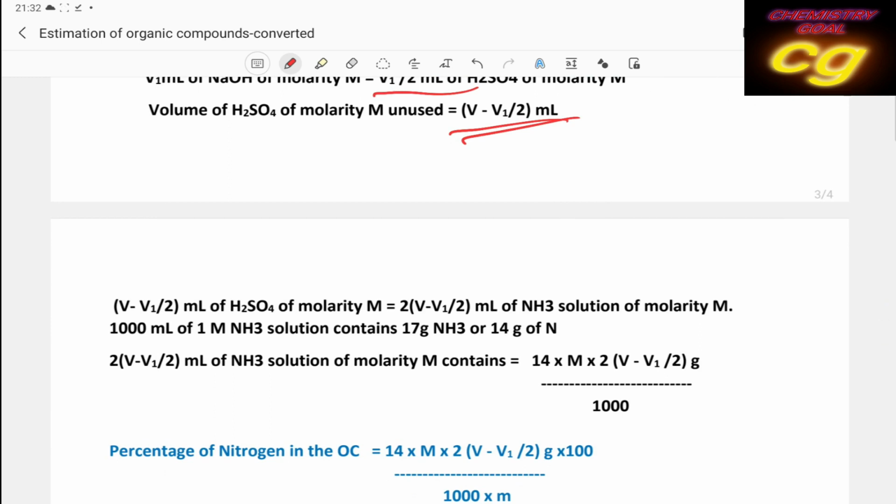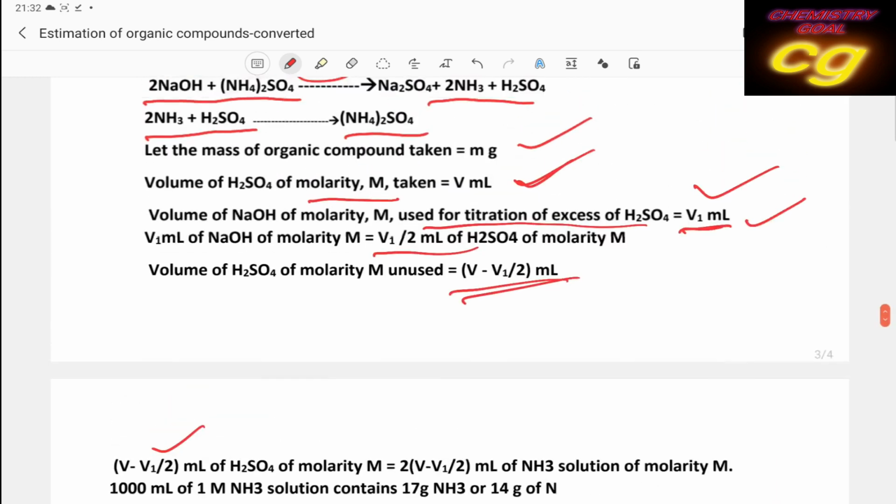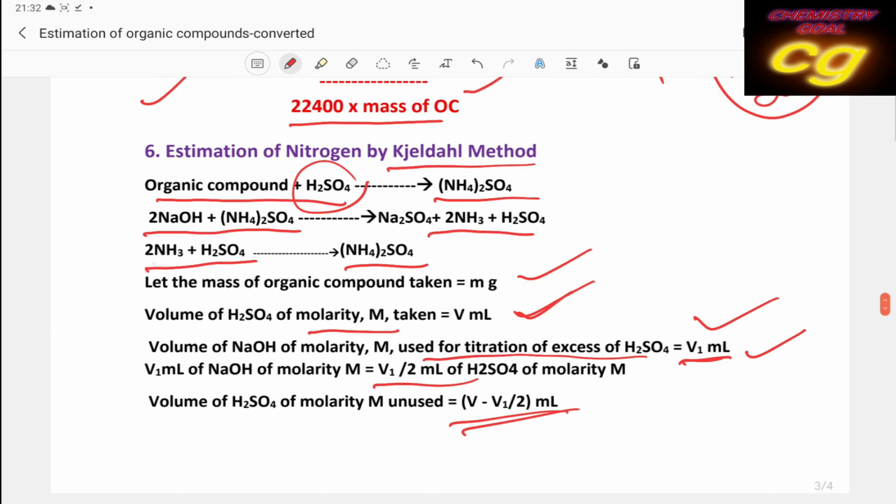Then we have to convert to nitrogen. So V minus V1 by 2 mL of sulfuric acid is equivalent to how much volume of ammonia? You see the relation: ammonia and sulfuric acid are in the ratio of twice. 2 moles of ammonia is equivalent to 1 mole of sulfuric acid.